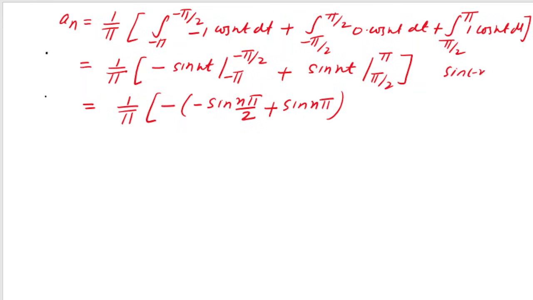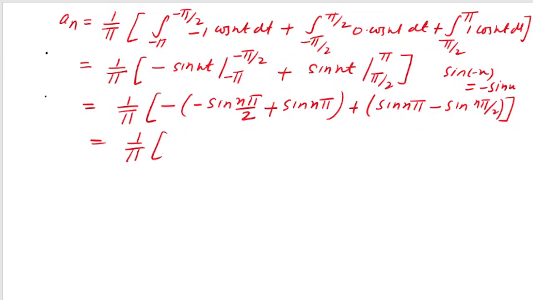Sine of minus x is minus of sine x, and if I look at this term here, I will get sine n pi and minus sine n pi by 2. So what did I get? I got 1 by pi. So here I got sine n pi by 2, and here I got minus sine n pi by 2. So this term and this term will be cancelled.